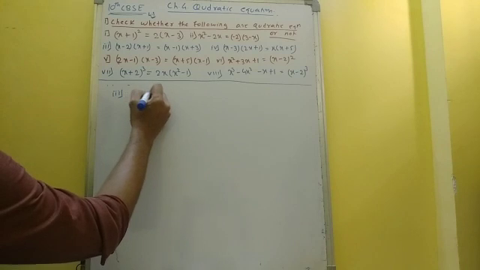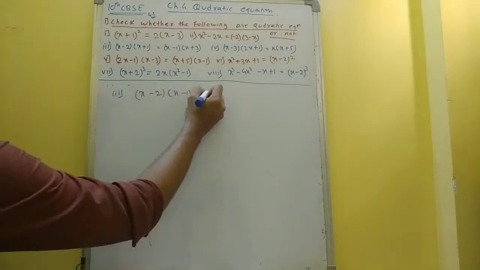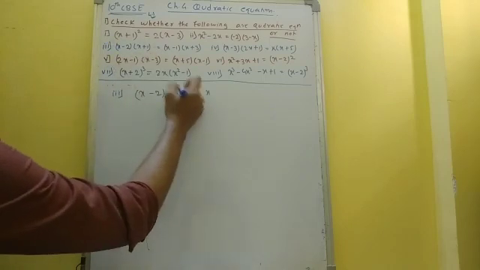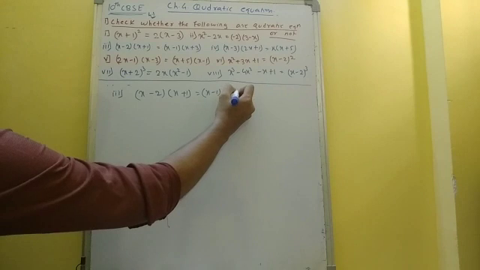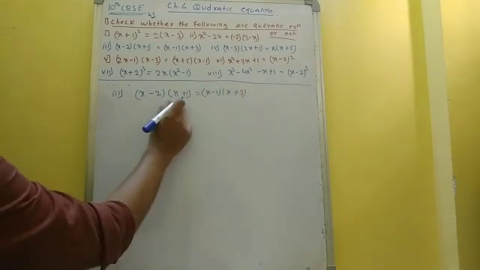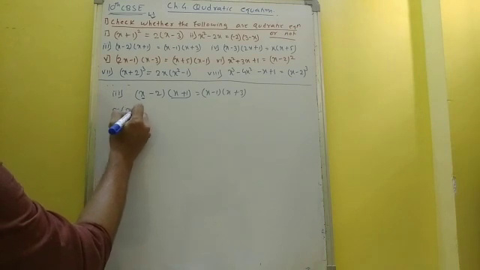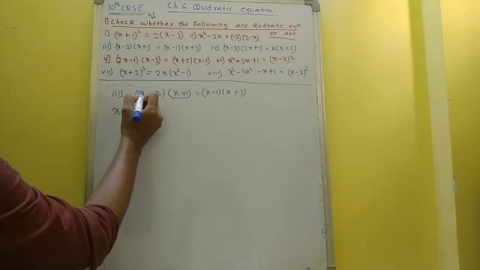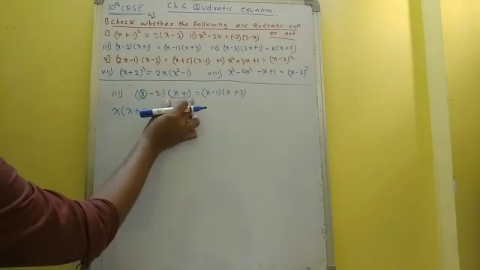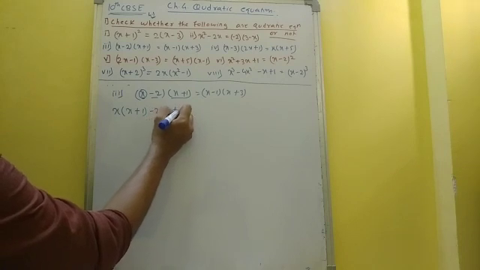The third one we have (x minus 2)(x plus 1) equals (x minus 1)(x plus 3). When I open the bracket, first term multiplied by the whole bracket, x multiplied by x plus 1. This is the way we open the brackets. x multiplied by the whole bracket, and the second term minus 2 multiplied by the whole bracket.